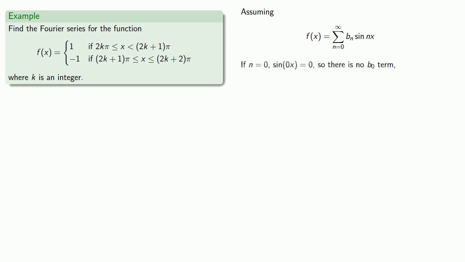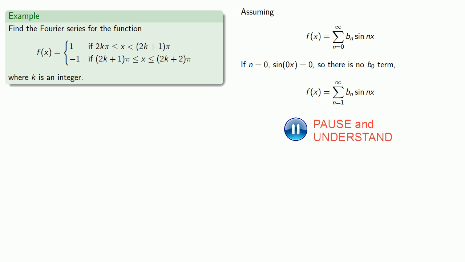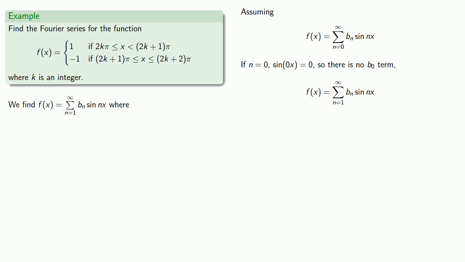If n is equal to 0, sine of 0x is 0, so there is no b0 term, and our series can actually begin at 1. And remember, if it's not written down, it didn't happen, so we'll make a note of that. And so we say that we find f of x equals a series in sine from 1 to infinity, where we don't yet know what the coefficients are. So let's figure those out.